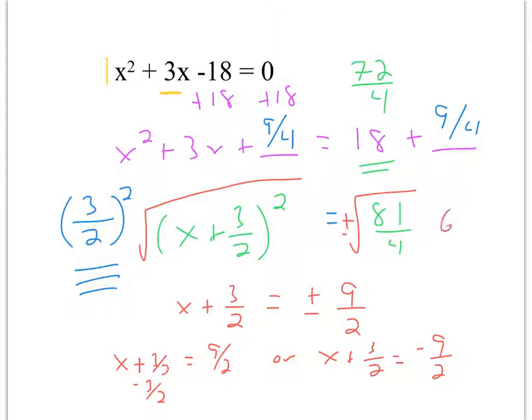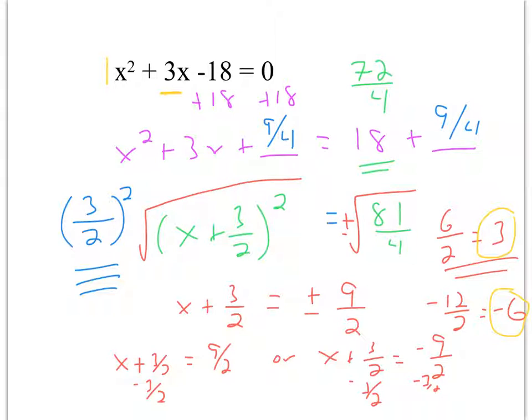So 6 halves equals 3, which was one of our answers. Or negative 9 halves minus 3 halves is negative 12 halves, which of course equals negative 6. And once again, here are our two answers, 3 and negative 6.